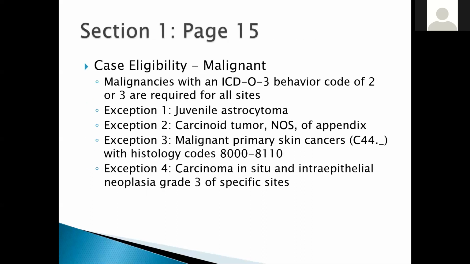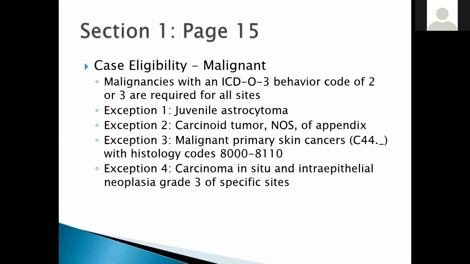Let's review the book together. If you have it in front of you, open it to page 15, the first page of Section 1. These are the rules we use to determine if a case is accessioned, abstracted, followed, and submitted to the NCDB.